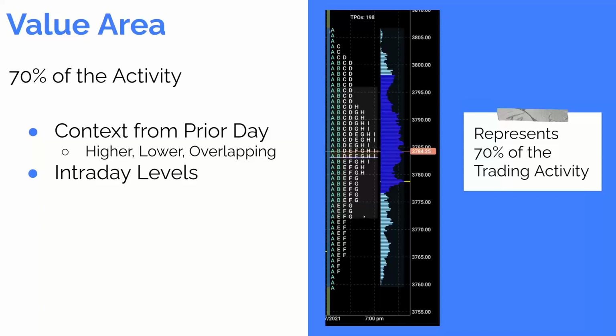That is the value area, the time-based value area for this profile. On the volume profile right here, it's much easier to see. It's this dark blue. That is the value area, and that represents where 70% of the trading activity has occurred.